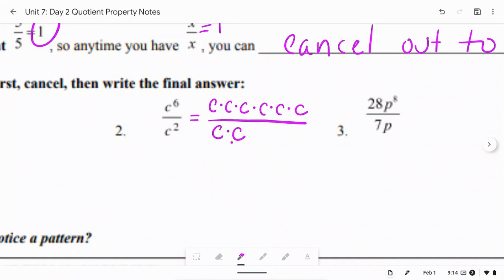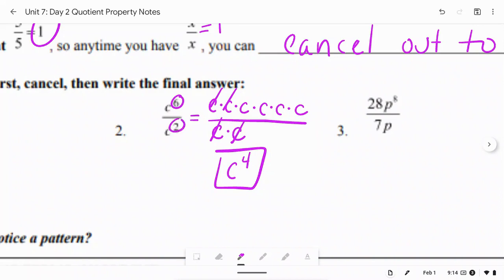We know that c divided by c is just going to equal 1, so that would cancel out to 1. And then the next pair would cancel out to 1. Because you don't have to write the 1, we can just write what we have left, which is c to the 4th power.